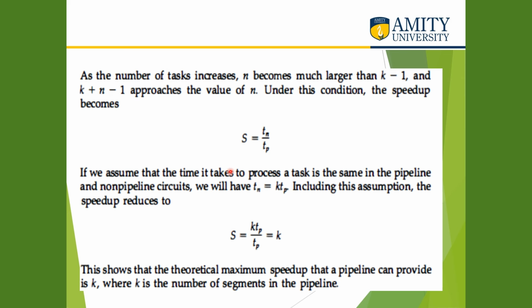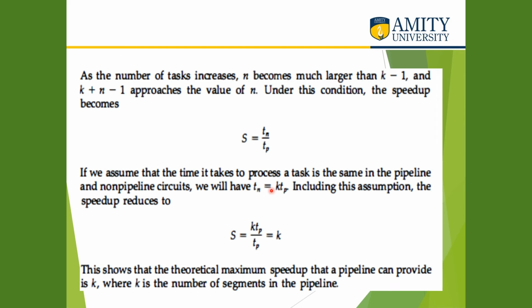Now, if we assume that the time taken for a task by a pipeline system and a non-pipeline system is the same, then we can simplify this equation to tn equals k tp. So for a non-pipeline task, the time taken is k times the time for a pipeline task.